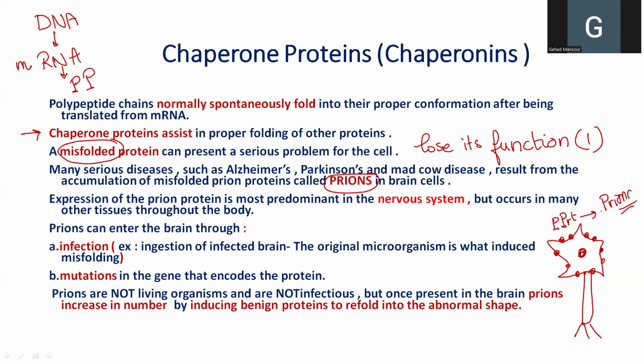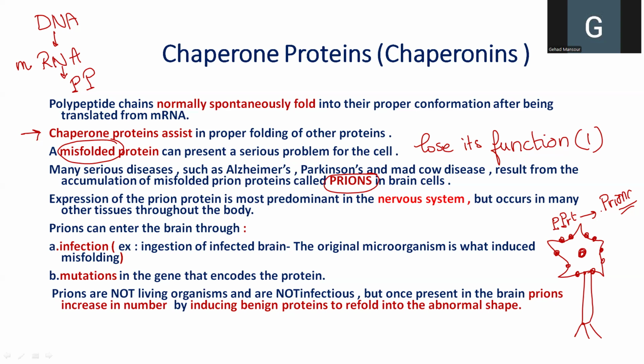But if they are not properly folded, they give rise to prions, okay? Prions are very dangerous. Why? First of all, because they do not carry the normal function. So just by converting prion proteins into prions, you lose the normal function.